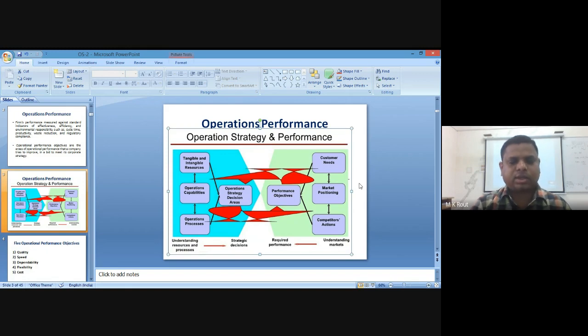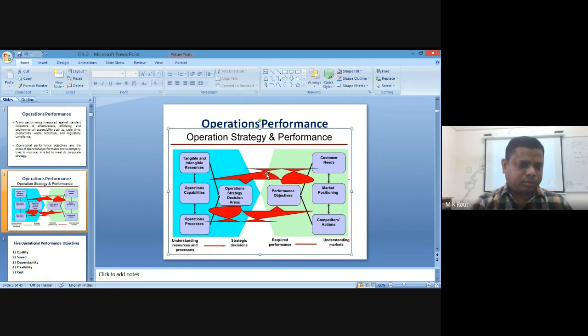Then you take some strategic decisions, but from the performance objective point of view, first you need to understand the market, what the market wants, what the need of the market is, who the competitors are, and what their price strategy is. That should be required for your operation performance objectives.